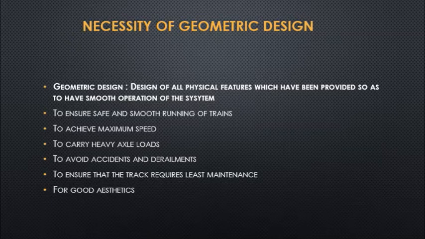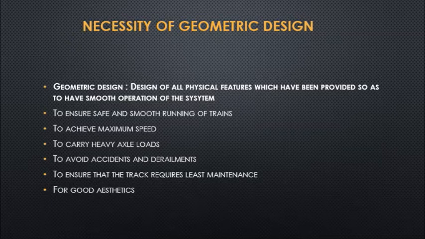So geometric design is very necessary, it is an important thing while designing or while planning to align a track to connect two different points. The advantages of a proper design are that it can ensure the safe and smooth running of trains.